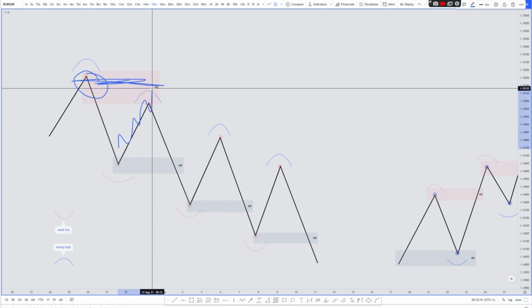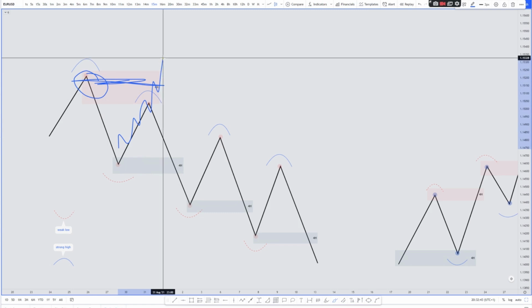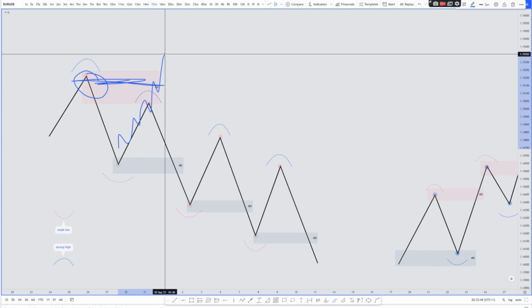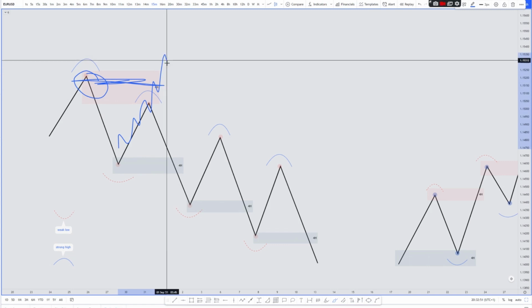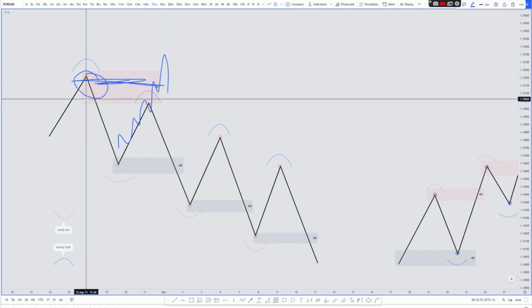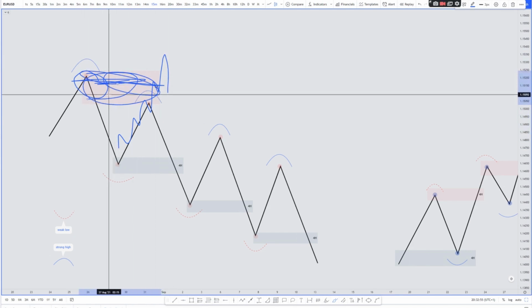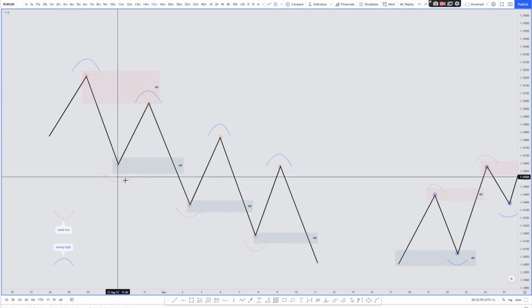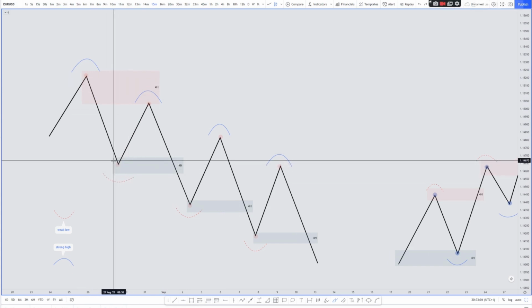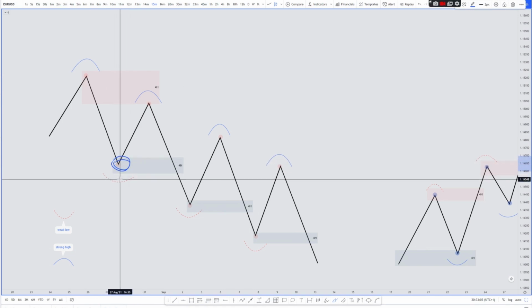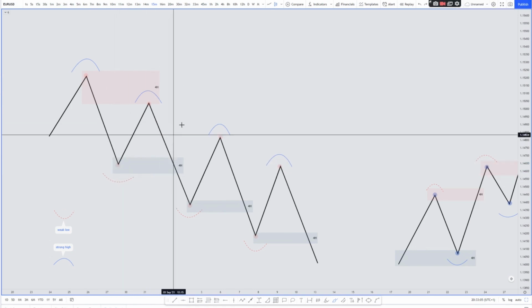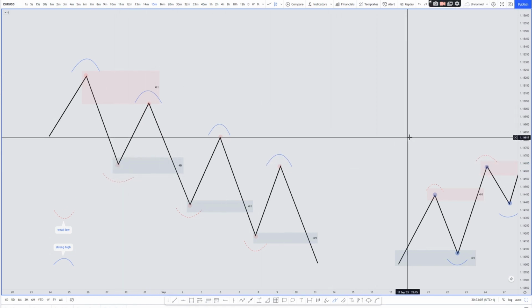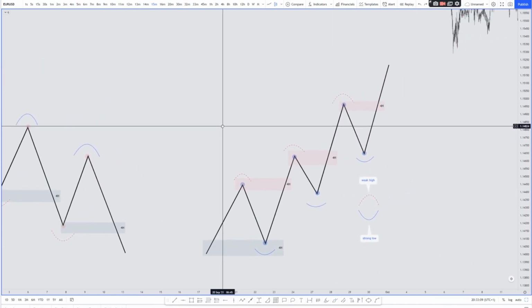So even if we retrace here, even if we wick above it on the 15-minute or the 4-hour or whatever, as long as the 4-hour doesn't candle body close above that and it comes back down, it means this supply is holding. And if this supply is holding and we're in a bearish trend, my expectation is this low is going to get run. And the same thing applies on the opposite side of the spectrum.